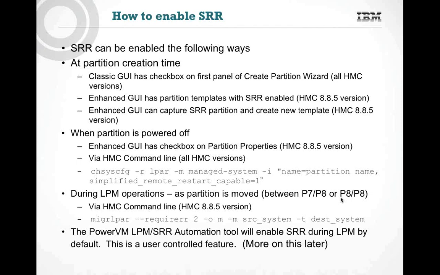Of course, if you have an 840 HMC or lower, you basically have to use a command line to do it. If you have the 850 HMC, you can power it off and use the enhanced GUI on the 850 HMC to check a box. But if you're on any HMC other than the 850, you'll have to power off the partition, then issue this command line here below to enable it.